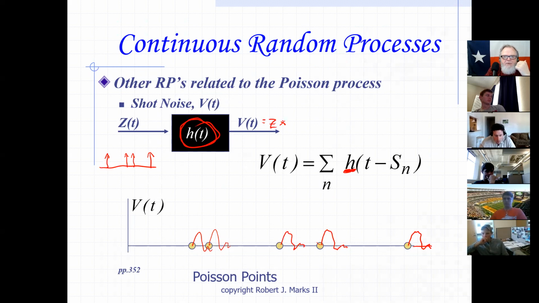Z convolved with H, correct? And what happens if this H of t is a wiggle, wiggle, wiggle? What are you going to get out? If you convolve this with this, every place there's a Poisson point, you're going to get a wiggle, wiggle, wiggle.